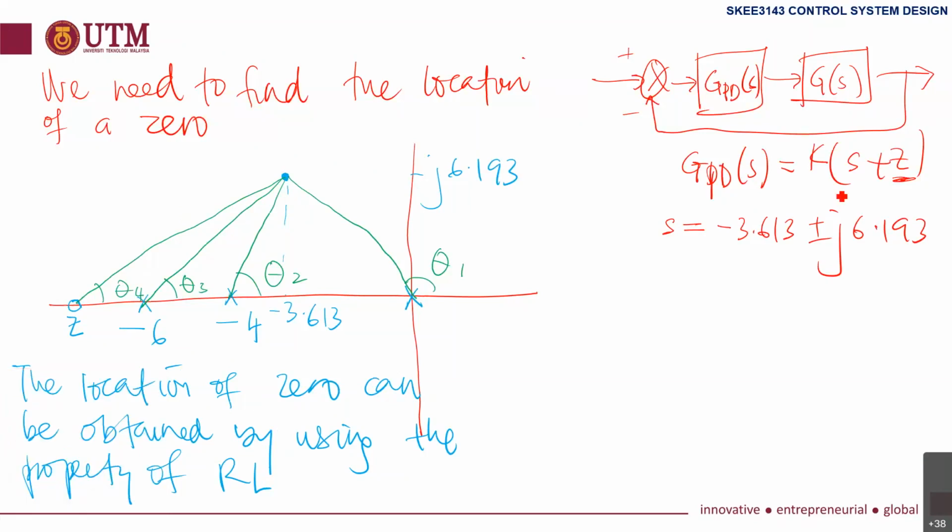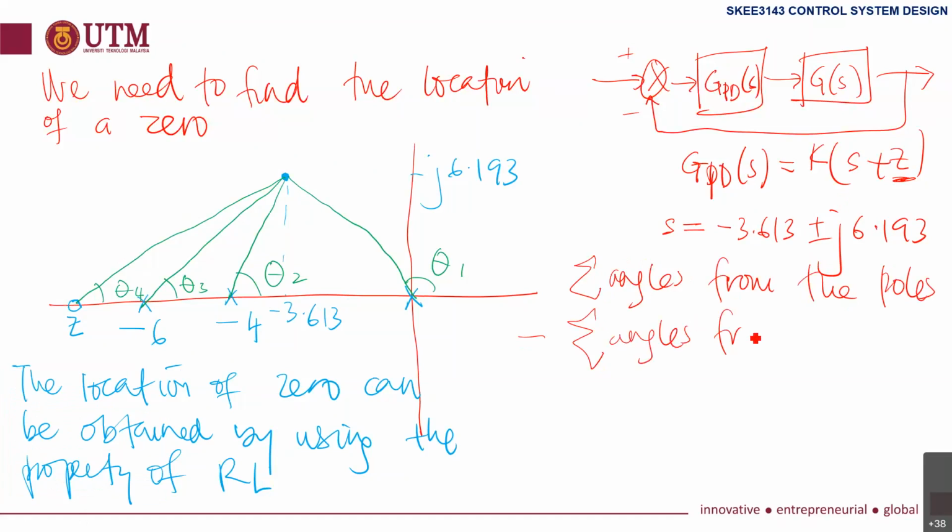The property that we mentioned here is total angle from the poles minus total angle from the zero is equal to 180 degrees, or plus minus 180 degrees, both the same.